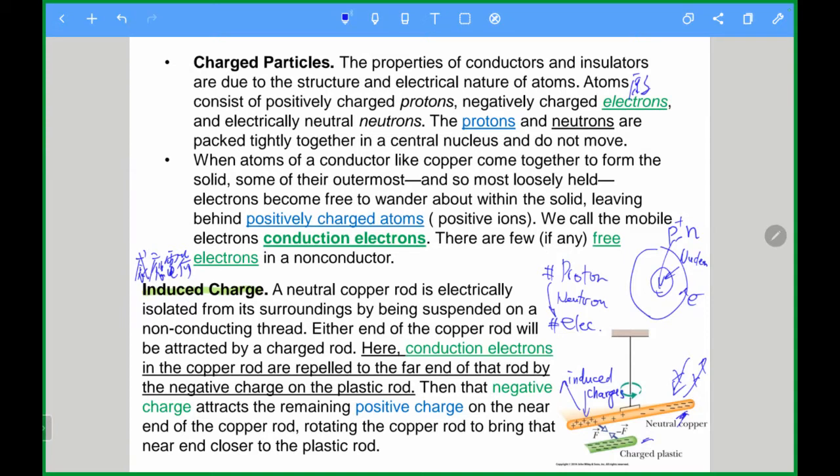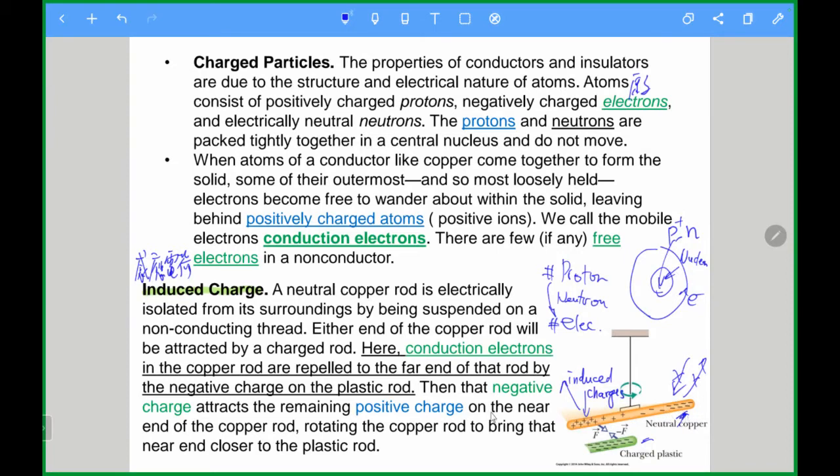So as much as the negative charge electrons go to this side, the remaining charge will be positive charge, which comes from the nuclei. So we will have induced positive charge on one side and induced negative charge on the other side.